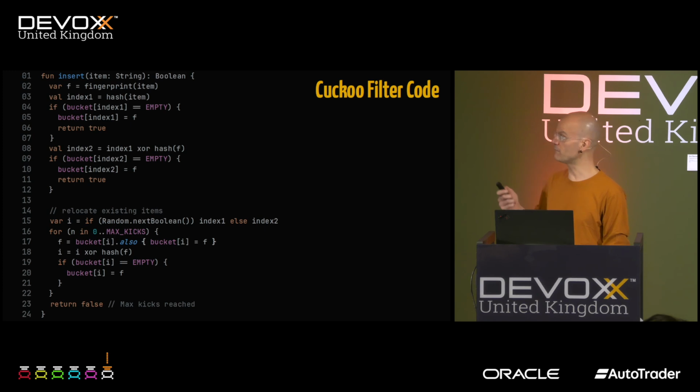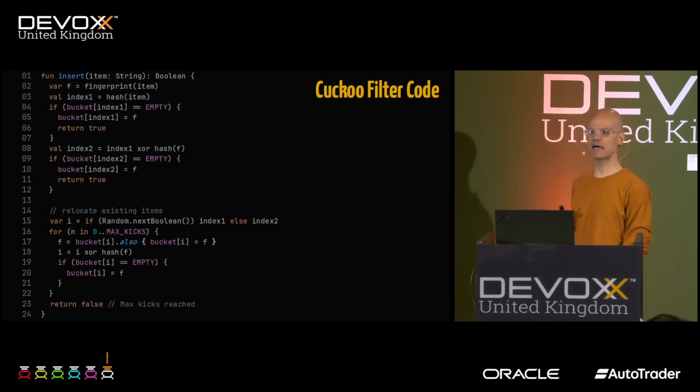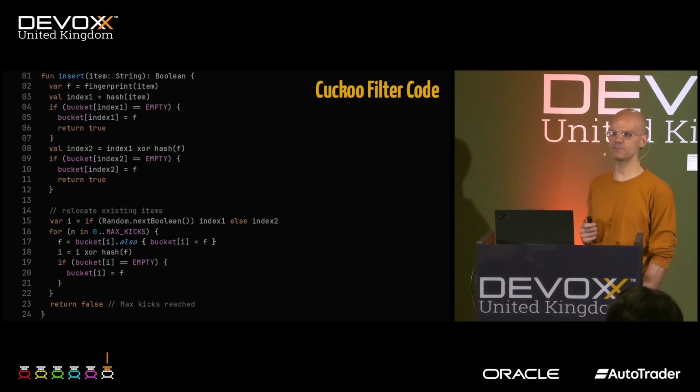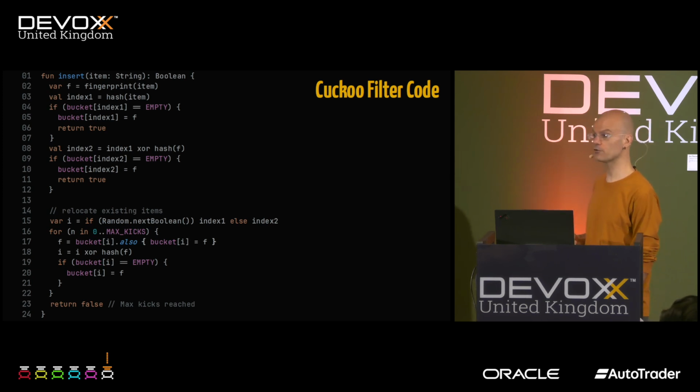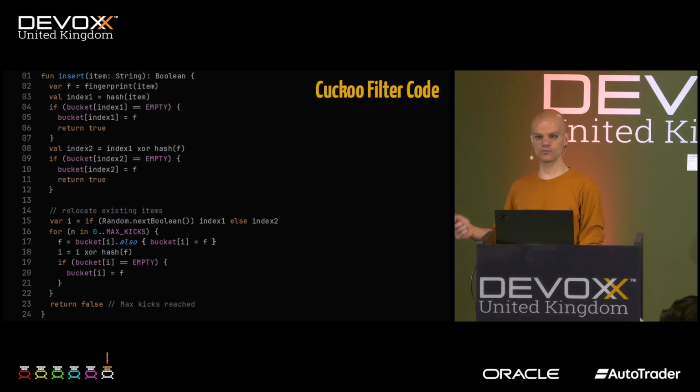Otherwise, we have a for loop at line 16, with the maximum number of times in which I try to kick out elements. If there's a loop, this for will reach its maximum number of attempts, and then we return false. If the function returns false, it means that the two arrays need to be enlarged and rehashed.